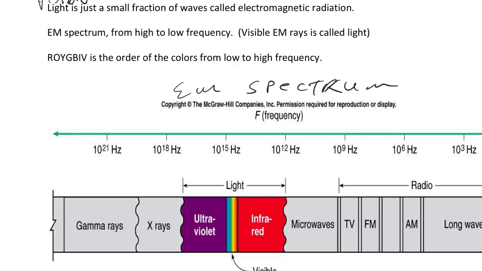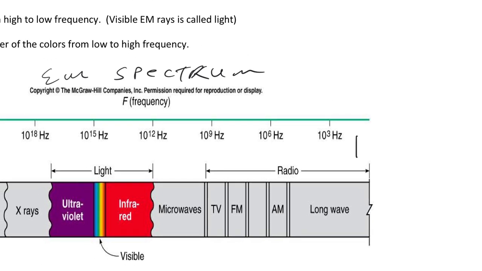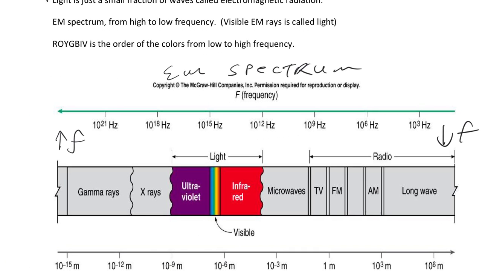And it's ordering the different kinds of electromagnetic waves from high frequency to low frequency. So you don't need to know the actual frequencies, but look how extremely high they can be.